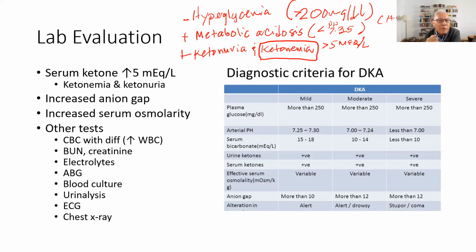Now, are you all familiar with anion gap? I know that you're familiar with identifying whether or not a patient has hyperglycemia. Okay, so let's go over, and I'm going to come back to this slide in a little bit, but I wanted to talk about anion gap before we go further.